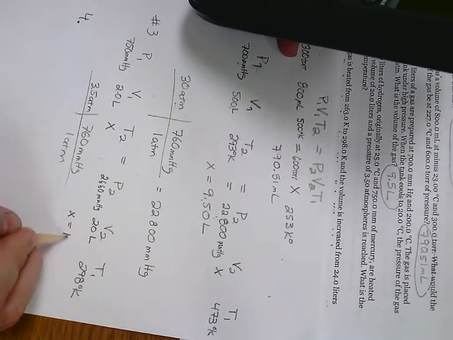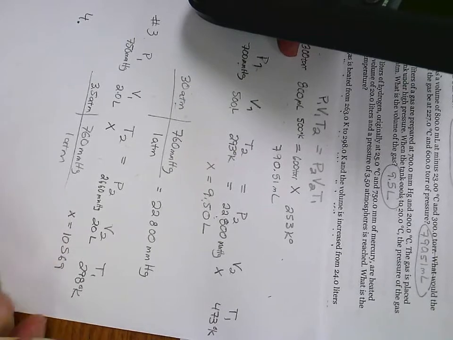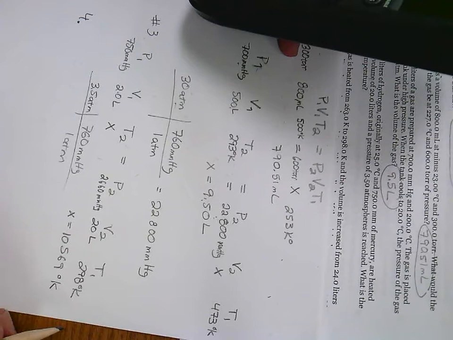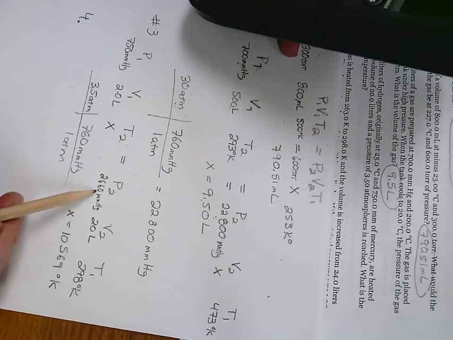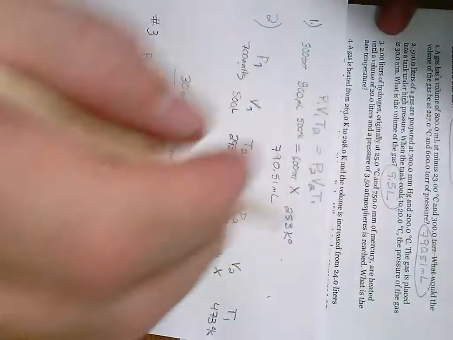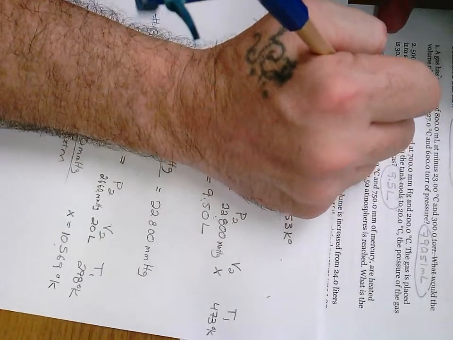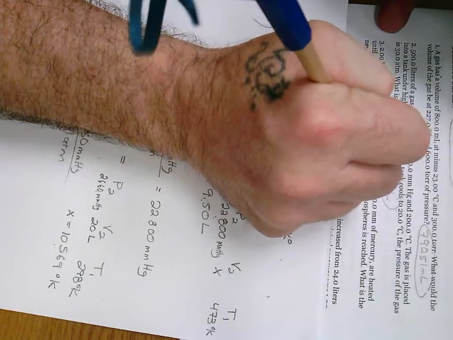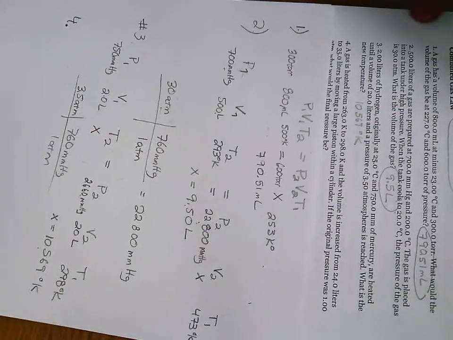X equals 10,569 degrees Kelvin. Yeah, so in order to make the pressure go that much higher, I'm going to have to increase the temp by that much. I hate non-real world questions, but, you know, whatever. 10,569 degrees Kelvin. Yeah, probably like the sun.